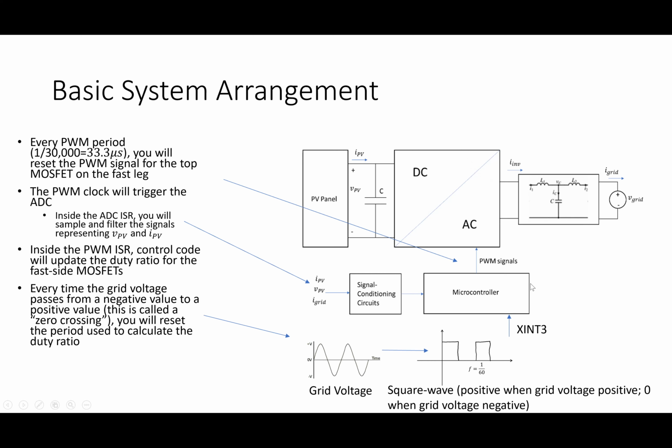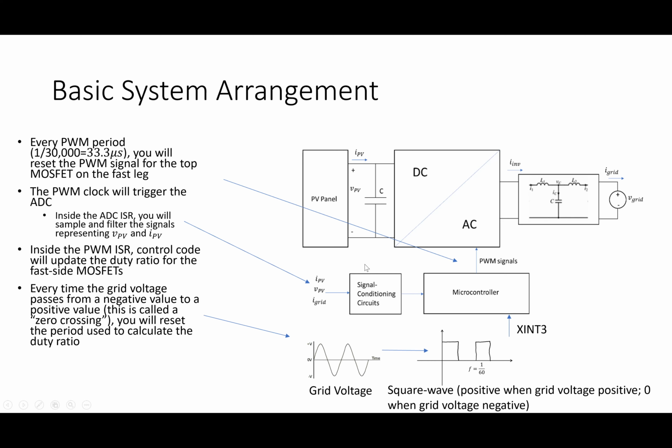In addition, I've got the microcontroller, and the microcontroller is going to generate ultimately 4 PWM signals. In Lab 3, Deliverable 1, you're only generating 2 PWM signals. You don't have a full bridge yet. You're going to use the half bridge that you used in Lab 2.